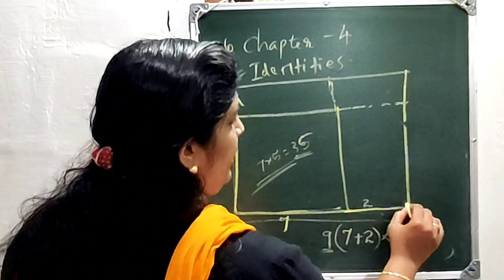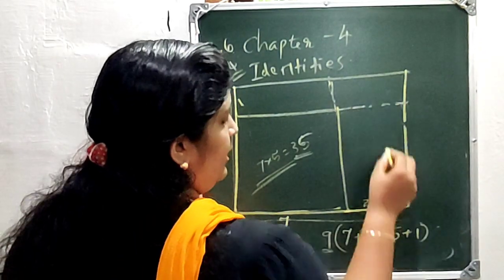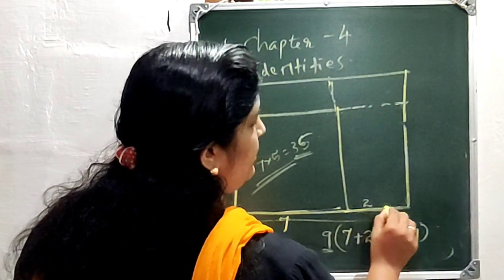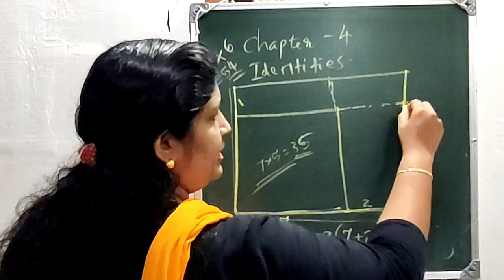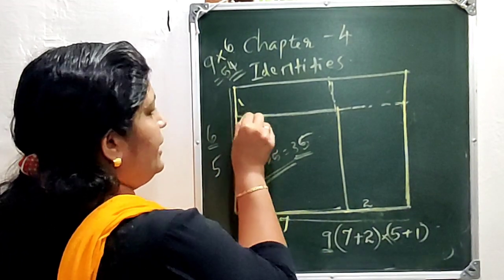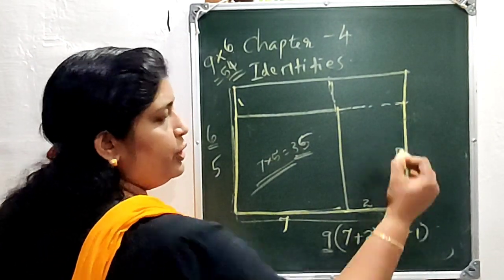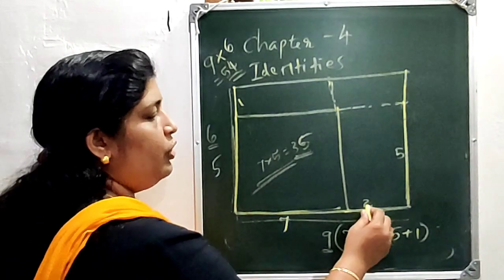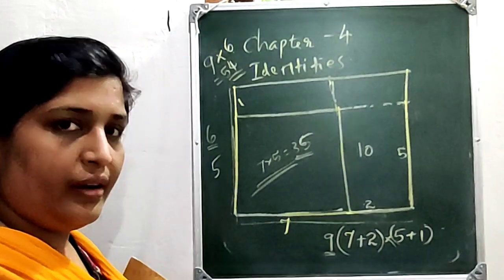What about this rectangle? Its breadth is 2 centimeter, and its length is exactly similar to the 5 centimeter length. So its area is 2 into 5, which is 10.